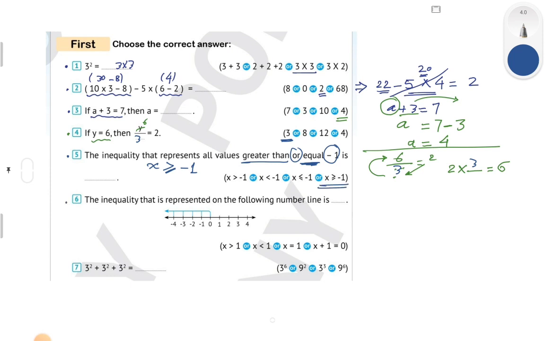Point 6. The inequality that represents the following number line is, okay, here I will write the inequality. I started at 0. Okay, he starts from 0, minus 1, minus 2, minus 3, minus 4, or negative. Now I have two solutions.